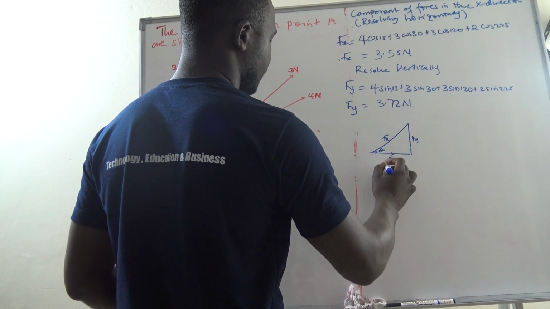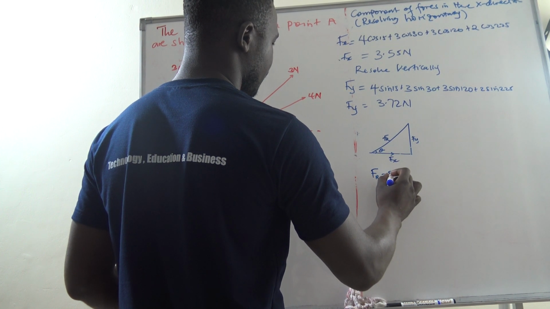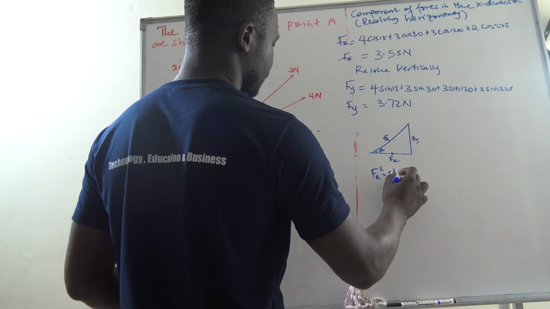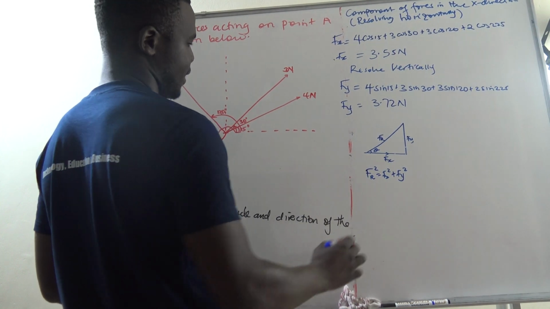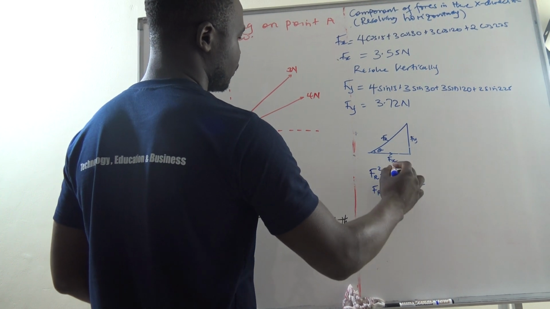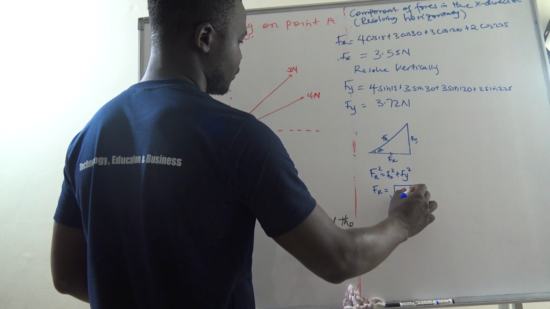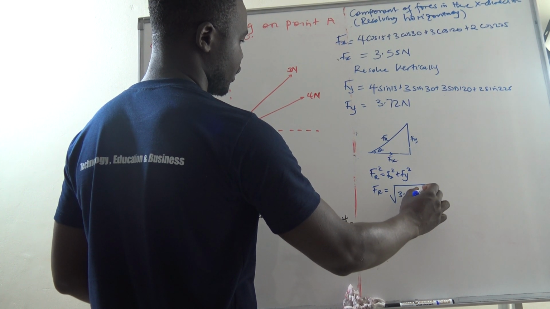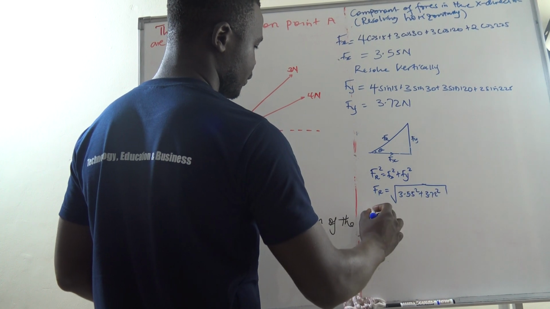Fr, from Pythagoras theorem we see that Fr squared is equal to Fx squared plus Fy squared. So Fr is equal to the square root of Fx, which is 3.55 squared plus 3.72 squared, and the root.